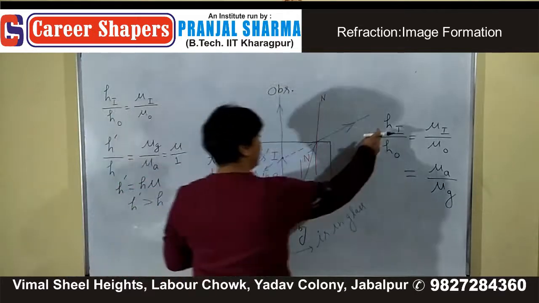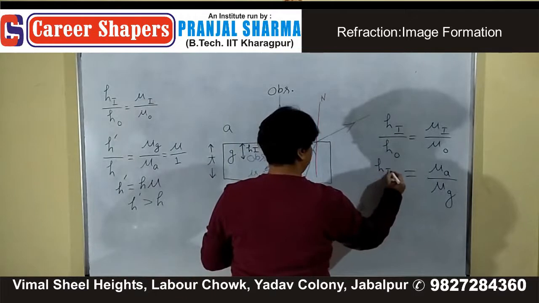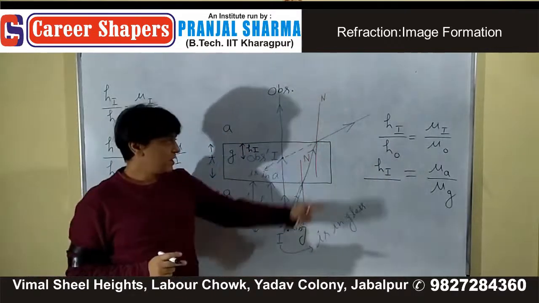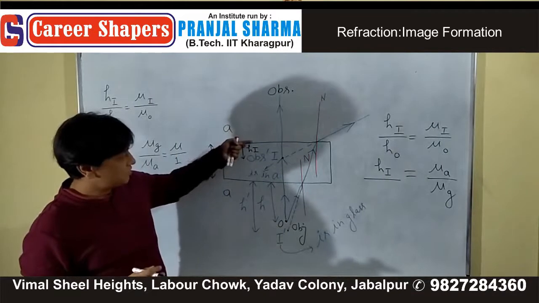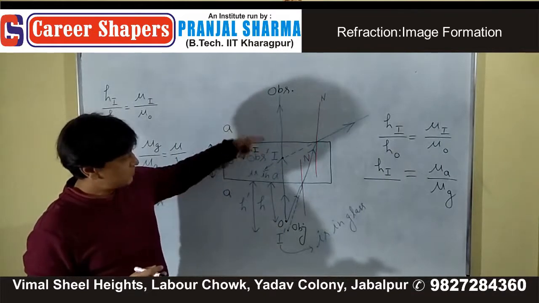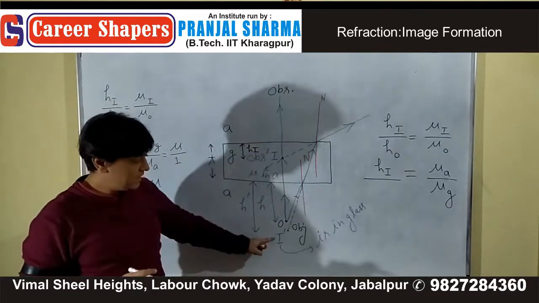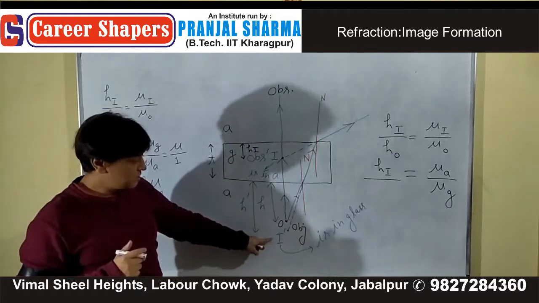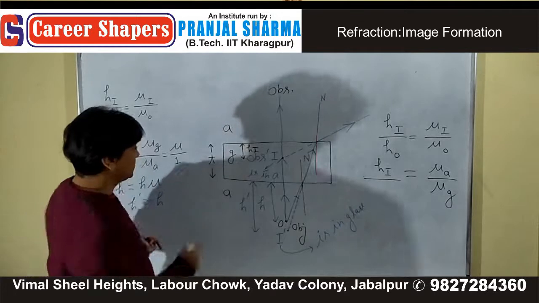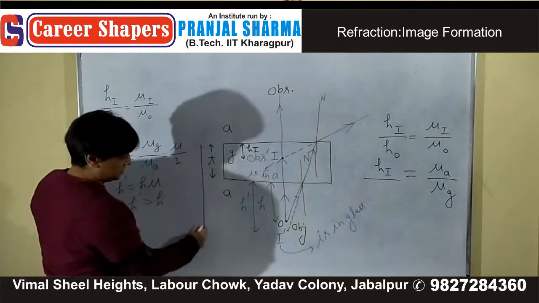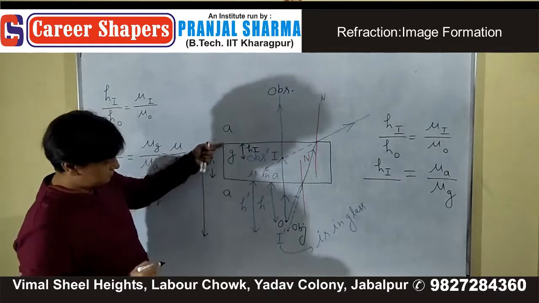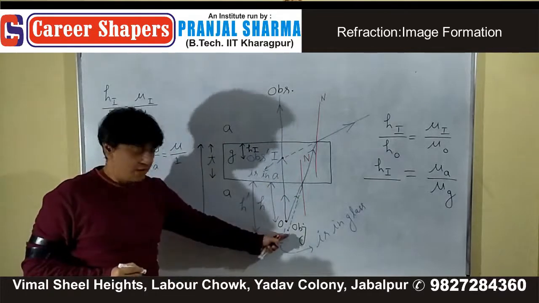So let's keep Hi as Hi only, divided by Ho. What is object? For this refraction, you know that I dash is the object. And you need to take its position from this interface. That means you need this much, from here to here, I dash.